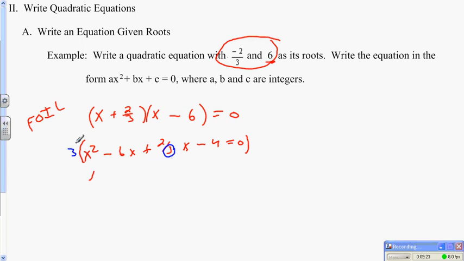If we distribute that, we will get 3x squared minus 18x plus 2x minus 12. And I am out of time here, so I'm going to stop it here, and then we will consider this part A, but we're almost done.